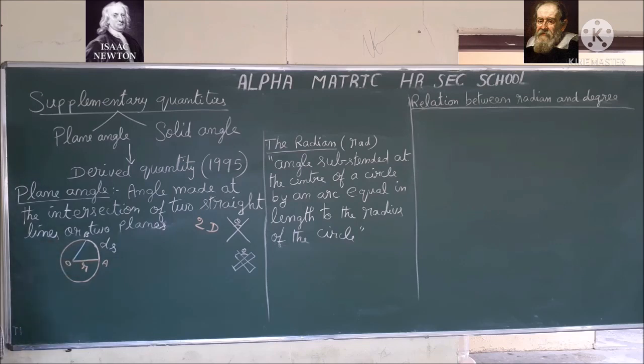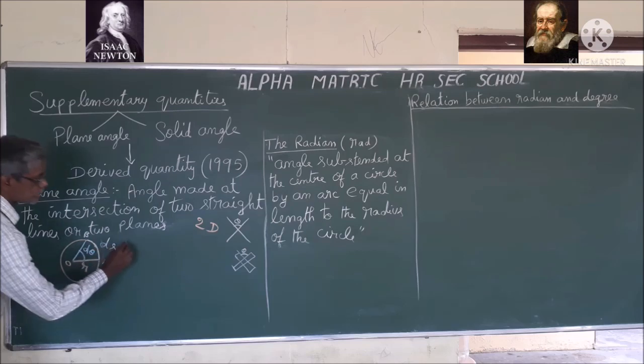This arc length subtends an angle d theta at the center of the circle.